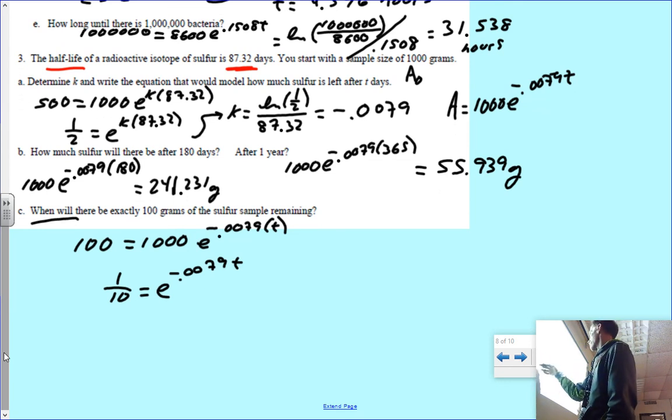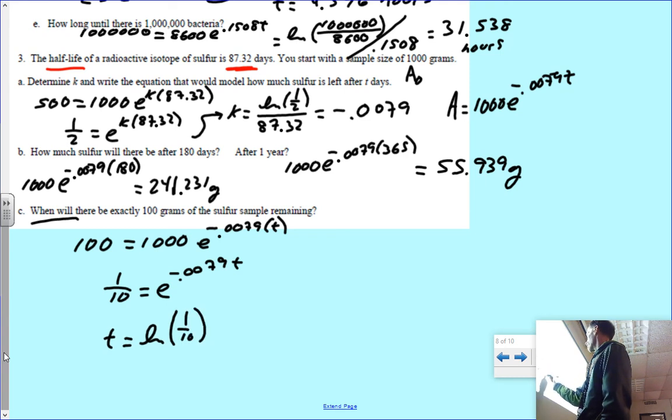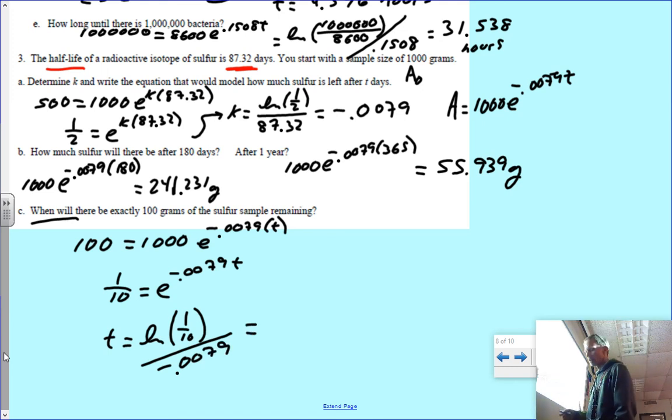Take the ln of both sides and solve. So t would be equal to ln of 1/10 divided by negative 0.0079. And that is approximately equal to 291.466 days.